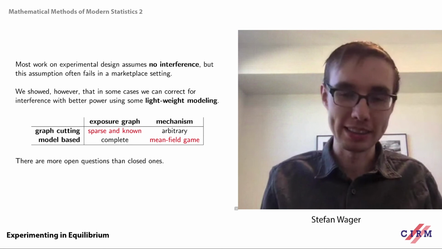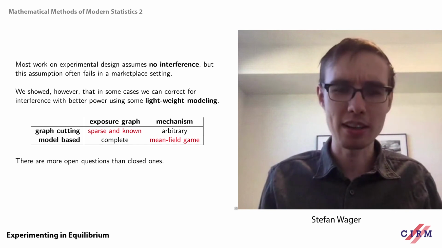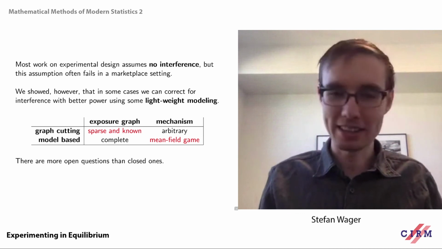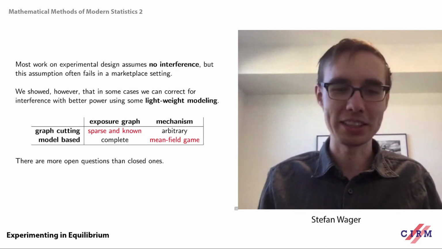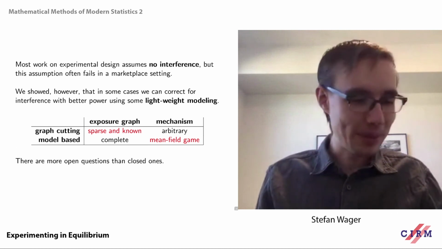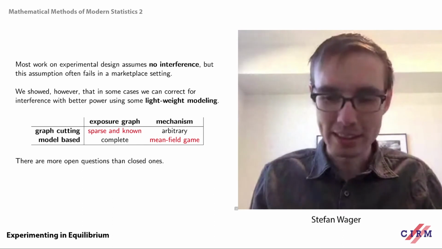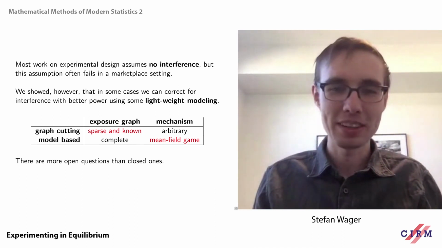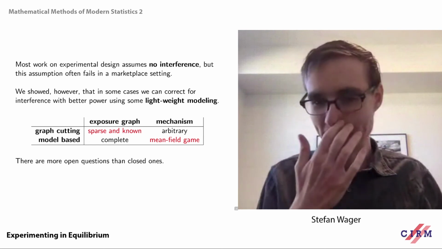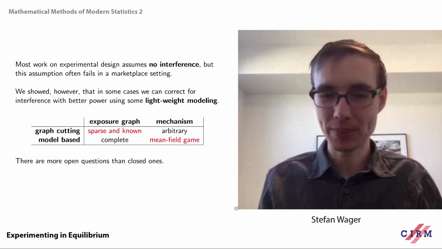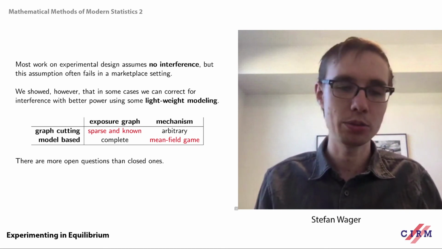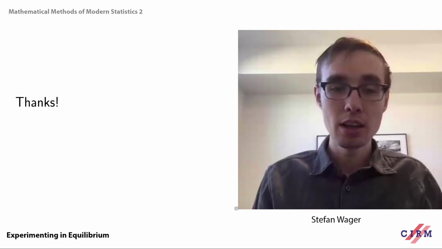So at least something I got out of this is that there seem to be a lot of open questions in this area. And I should emphasize, there is a lot of work on interference in the statistics literature. In this talk, I just had that one slide up front, setting out Hudgens and Halloran and everything related. The reason I didn't talk about it that much is that formally this approach went in a very different direction. But I think there are many interesting connections there also.